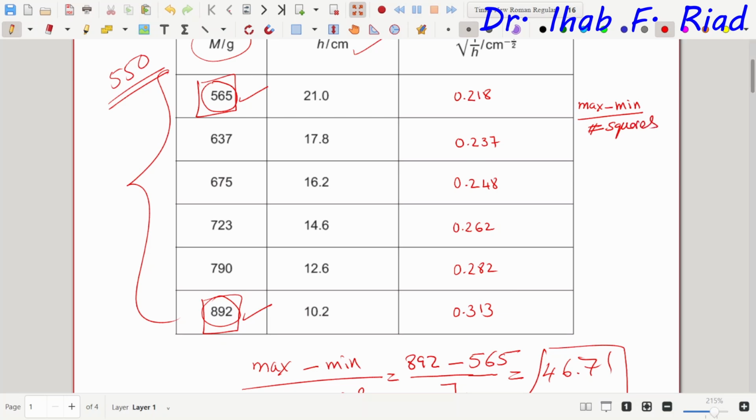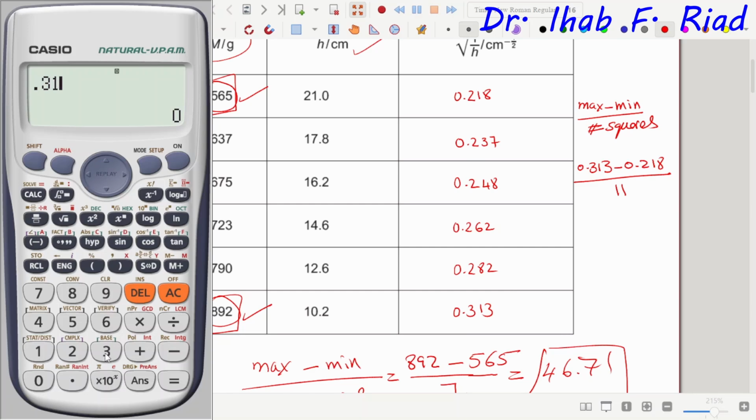So on the y-axis, the maximum is 0.313, the minimum is 0.218, and we divide by the number of squares. As we counted before, they are 11. Let us do the math. So it is 0.313 minus 0.218 divided by 11.